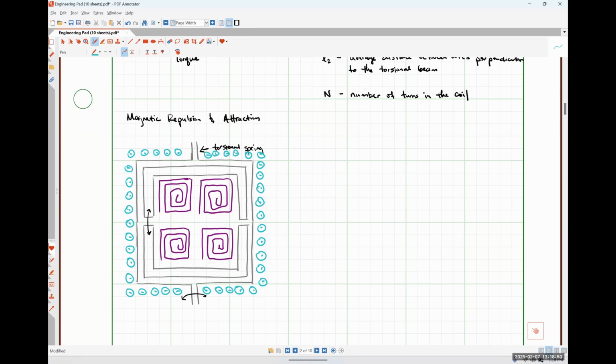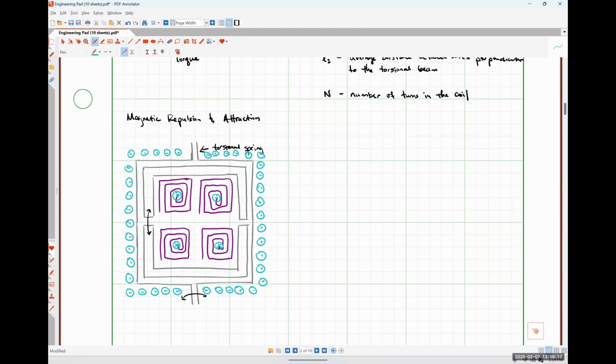So for example, if I had a magnetic field coming out of this guy that was direction up, and this guy that was direction up, and then this guy that was direction down, and this guy that was direction down, how would this thing rotate?